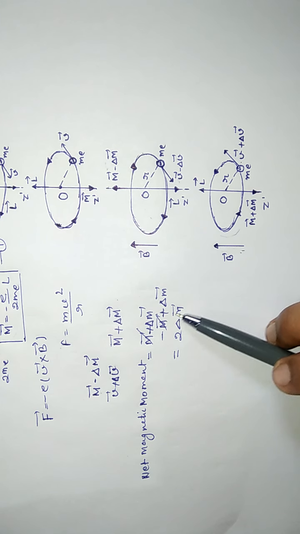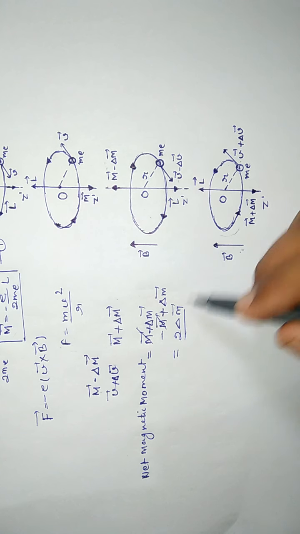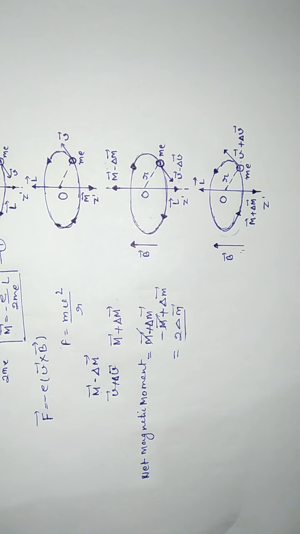Here m will cancel m and we get 2 delta m. And the direction of this magnetic dipole moment is opposite to the applied magnetic field. So the electron theory explains the behavior of diamagnetics when placed in an external magnetic field.